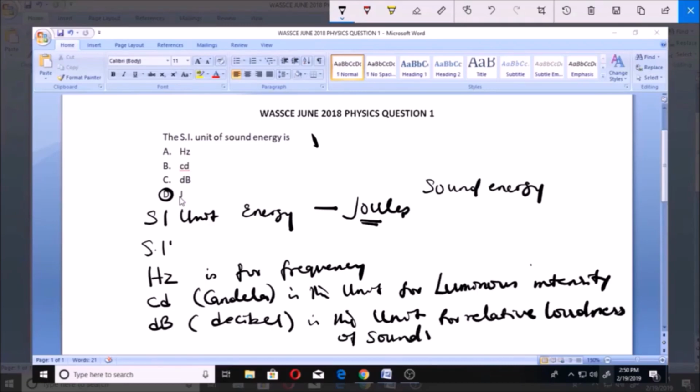Some people might want to pick decibel, but it's not actually decibel, because decibel is the unit for relative loudness of sound. But if you talk about sound energy, the unit is joules.